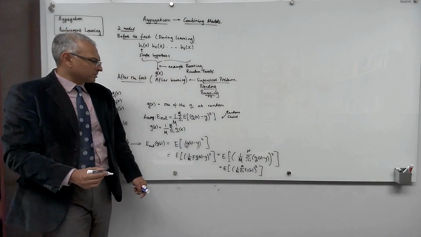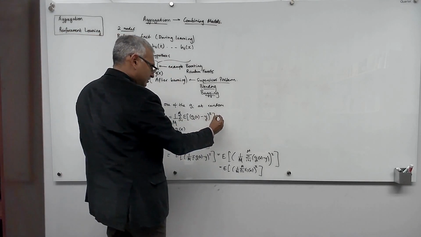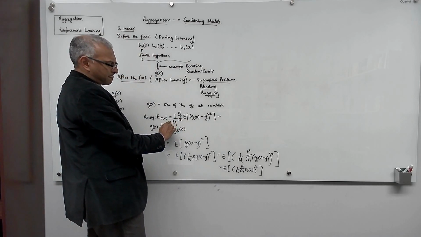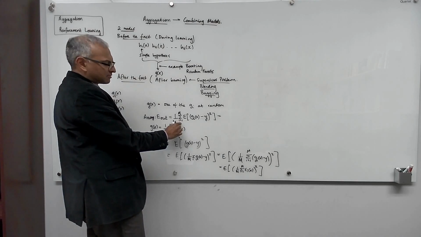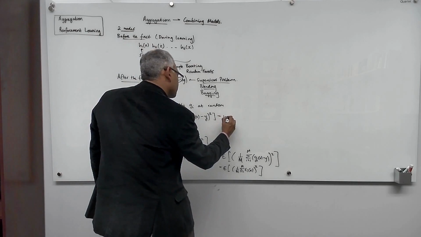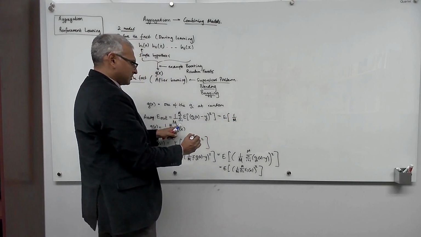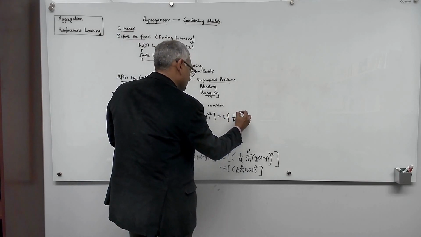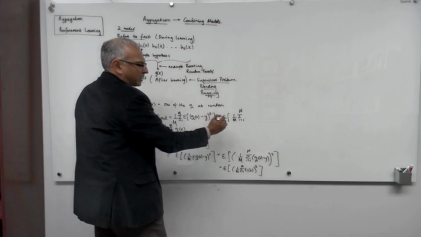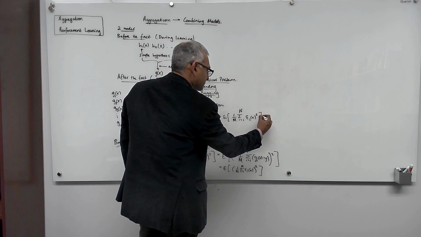Now, one of the properties of the expected value is that I can take the expected value outside the sum, because expected value and sum commute, and expected value and multiplication commute. So this is equal to the expected value of 1 over M times the sum from i equals 1 to M of the error made by hypothesis g_i, that error squared, epsilon_i of x squared.